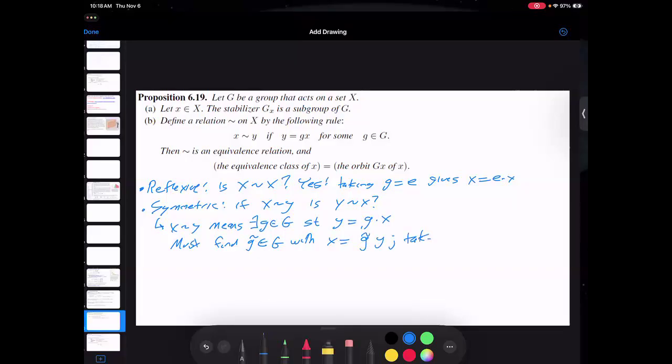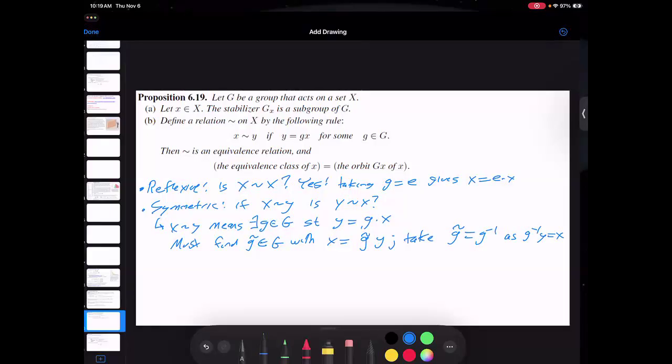What should we take for g tilde? G inverse. As g inverse y does equal x from above. So it's fine to just say x is equivalent to y. We just have to say y is some g of x. We get x as some other element of the group acting on y for free.